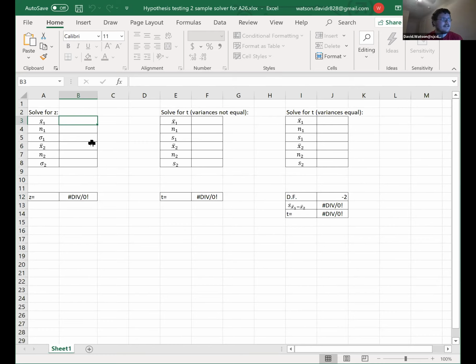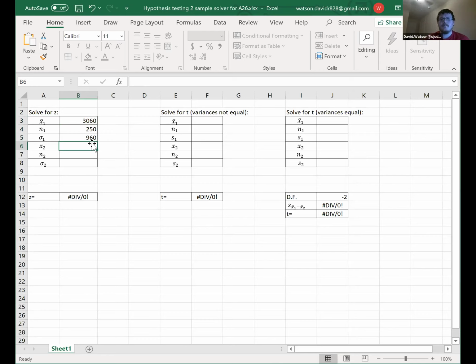So if we fill in our values, it's 3060, and n1 is 250. Sigma 1 is 960. And by the way, be careful because in the notes, it does list them as the sample mean, then standard deviation, then the sample size. In this, the sample size and standard deviation are backwards.